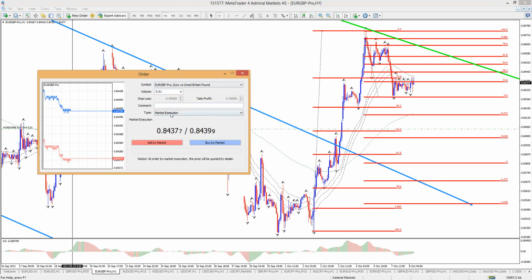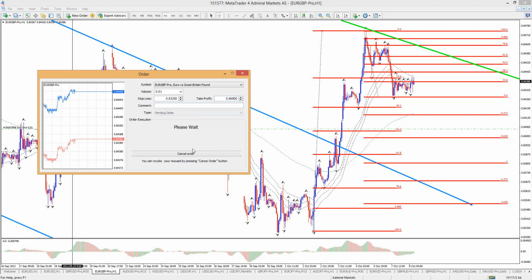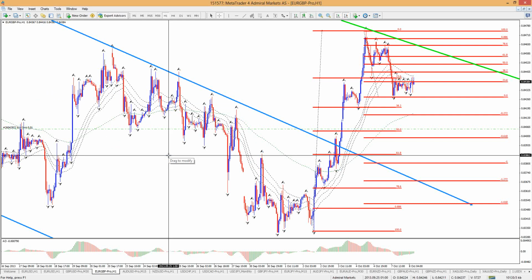And I'll do one on the 87 target as well. Maybe go to 86.90. I don't like to go exactly to the pip. Yeah, this is a small account.